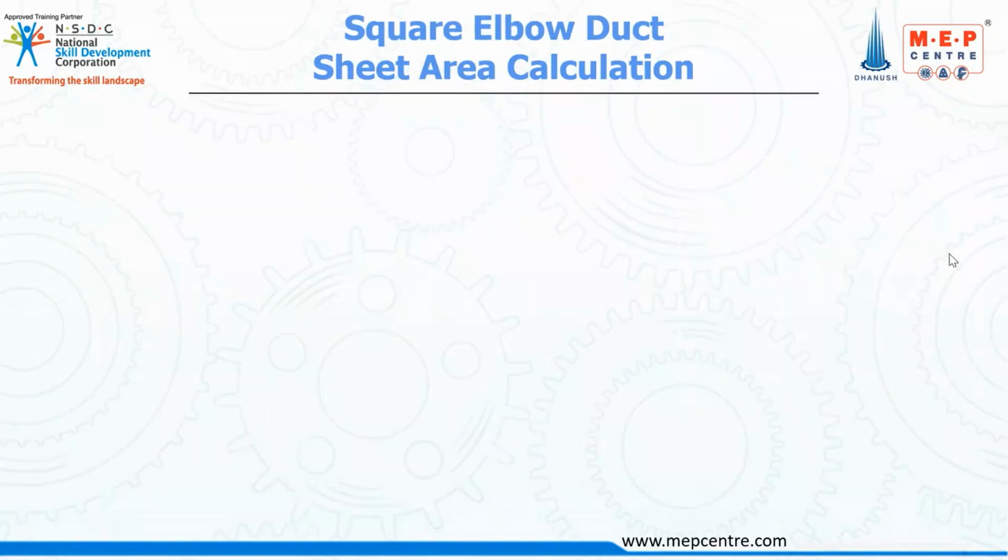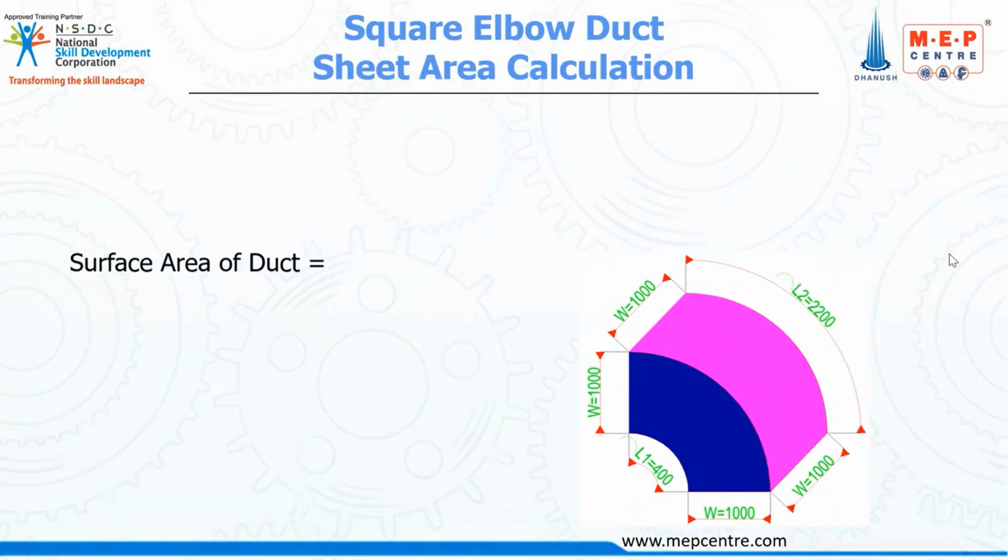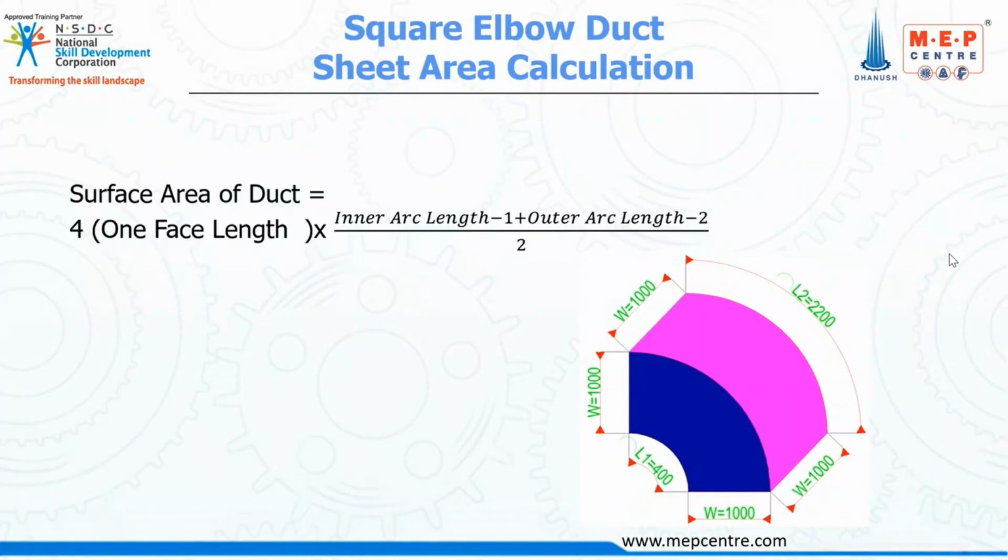Next, for round also we are taking 4a into inner arc plus outer arc. You can make a note of the formulas from here.